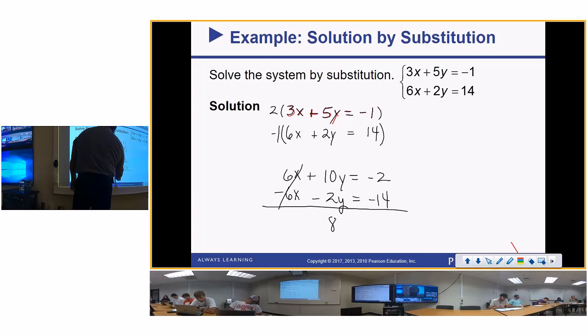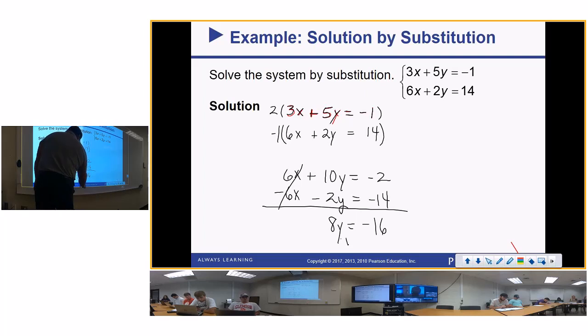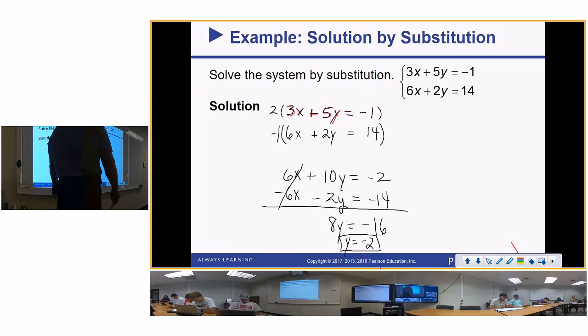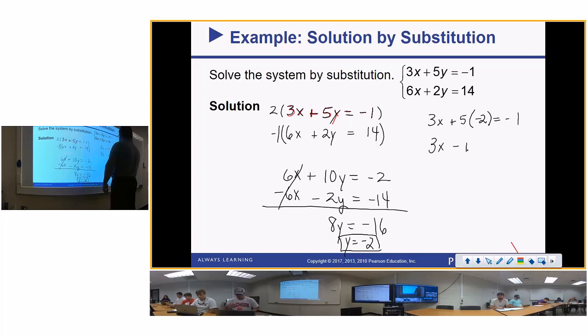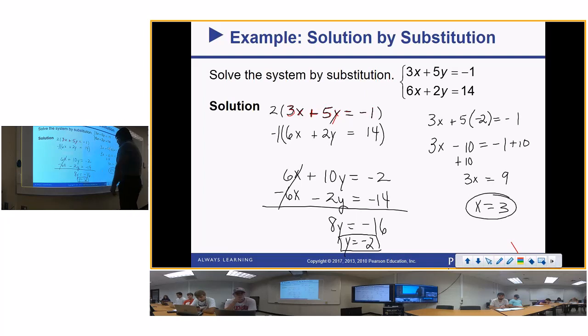You're left with 8y is equal to -16. y is equal to -2. 3x plus 5 times -2 is equal to -1. 3x minus 10 is equal to -1. Plus 10, plus 10, 9 is equal to 3x. x is equal to 3.